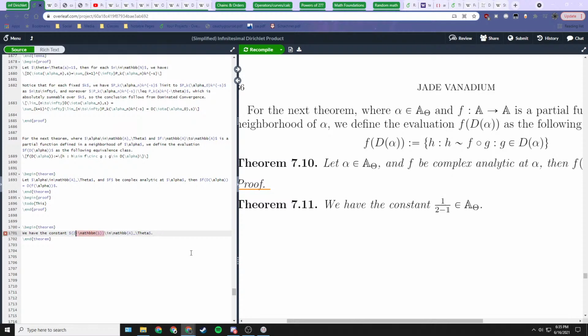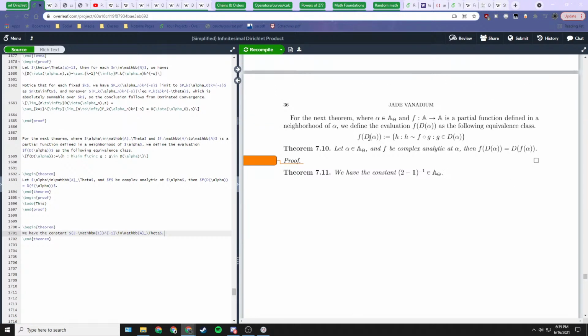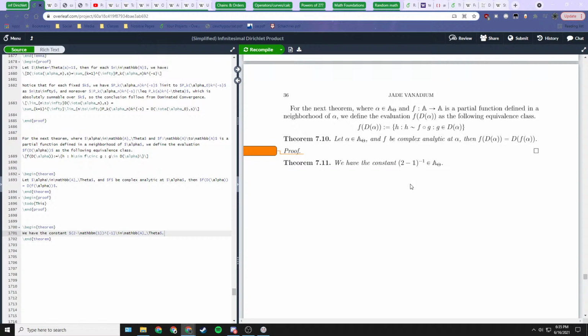We'll do this inverse, and zoom out. So this is probably going to go in an appendix, but we will have to prove this in order to prove this theorem.